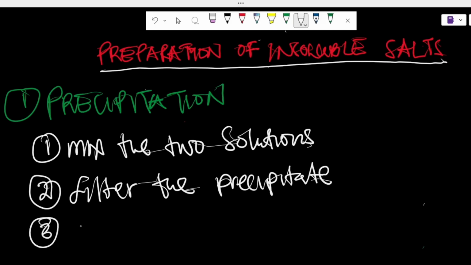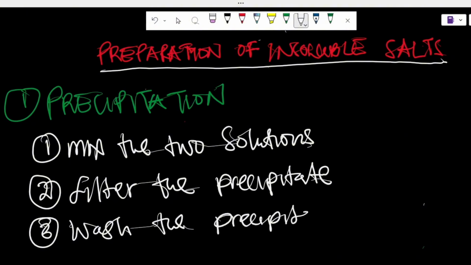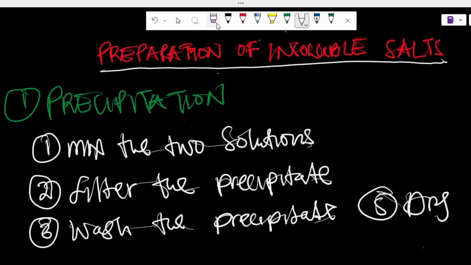Then after you've filtered, you can wash the precipitate, and then finally you can dry the precipitate to get an insoluble salt. So as you can see, it's not really difficult to know how to prepare insoluble salts using the precipitation method, because keep in mind you're just using two soluble solutions, and that is going to give you an insoluble salt or an insoluble precipitate.